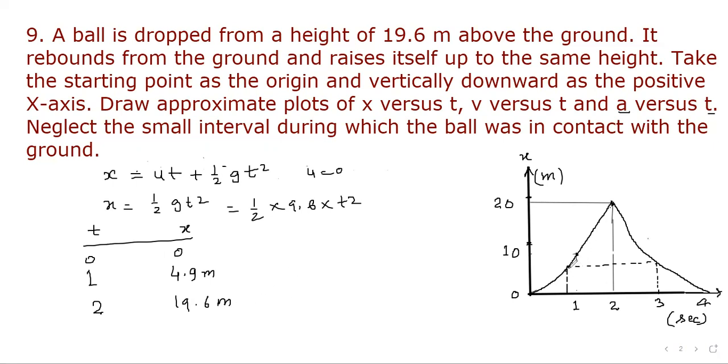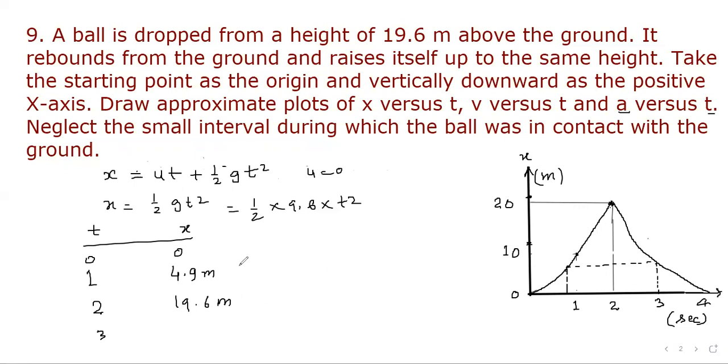So the situation is shown here for 1 second, and for 2 seconds it is here. This is 20 meters, so it is at 19.6 meters. Now, suddenly, it rebounds. So when t equal to 3 seconds, the process will be repeated.